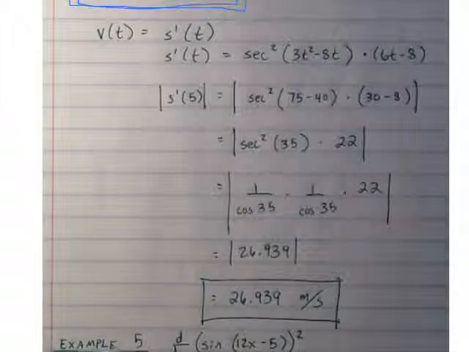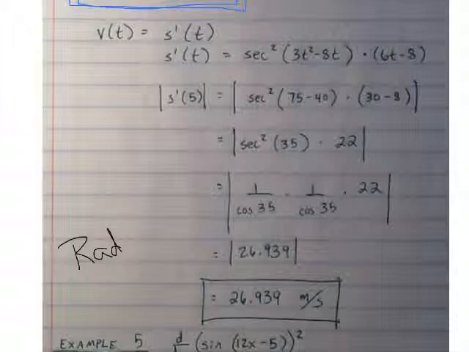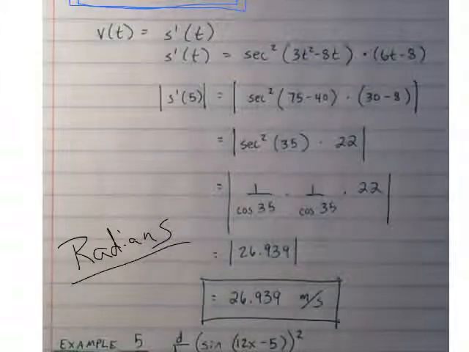We have to remember to keep our calculator in radians. So our unit is radians. And the absolute value of that is 26.939 meters per second. So our particle is traveling at that speed. And in fact, you can see that our velocity was already positive, so you can tell that the particle is moving to the right at that speed.